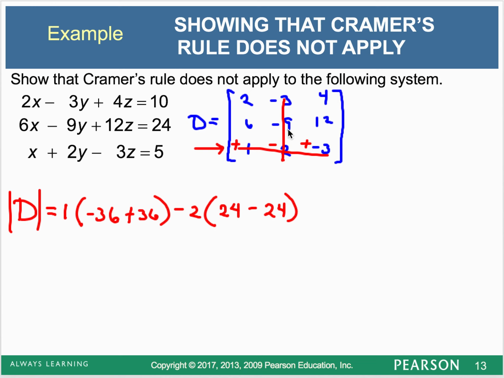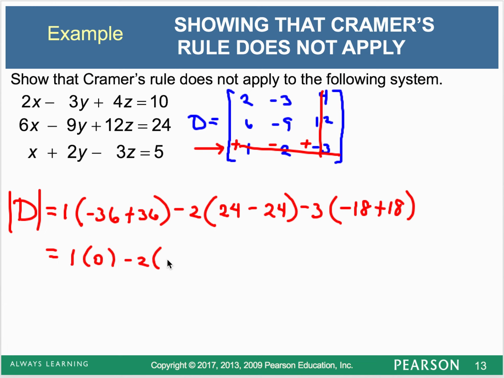And then minus 3 times negative 18 minus negative 18, so plus 18, which means we have 1 times 0 minus 2 times 0 minus 3 times 0. So that determinant of D is 0.